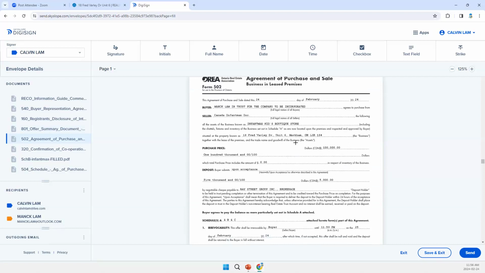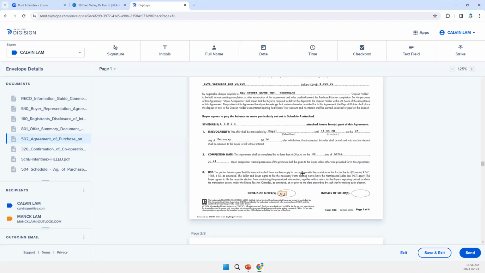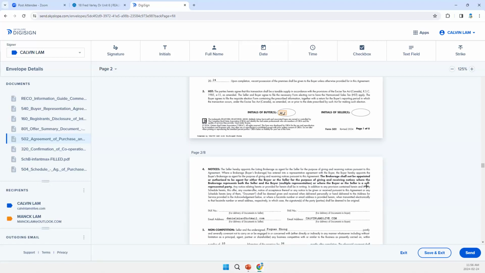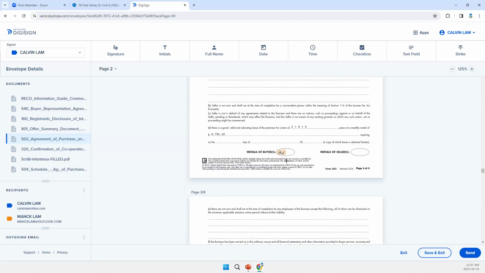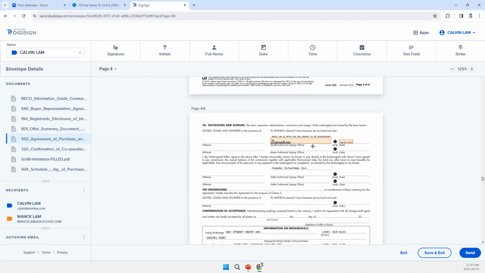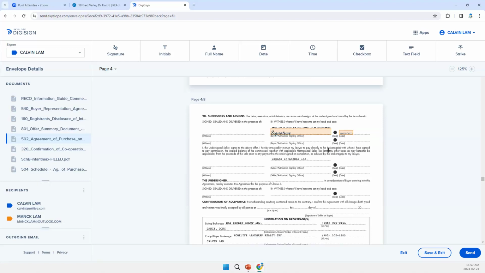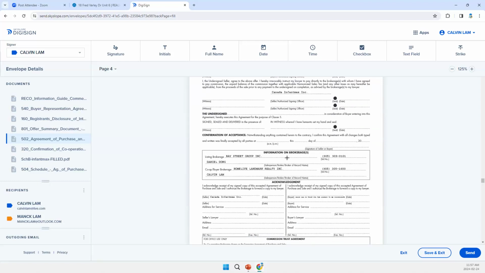Now this is the file 2. Anything you need to pay attention to, make sure this is good. This is good. Okay, this is seller sign it. This is good. This is initial. This is your initial. This is what? Buyer signature. Under seal. This is good. Confirmation.